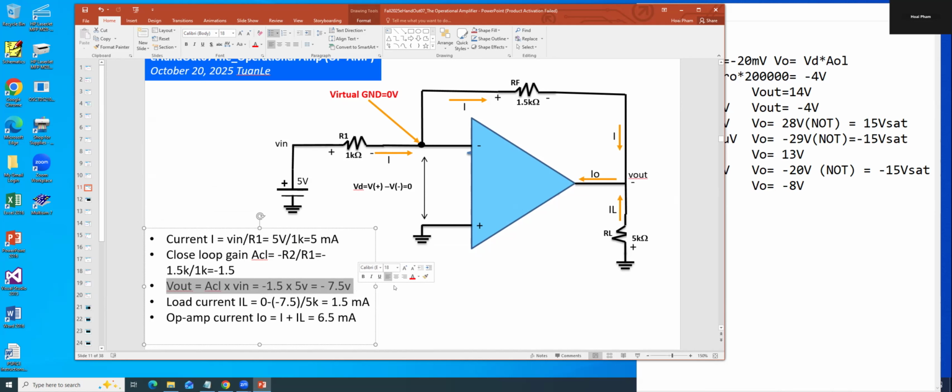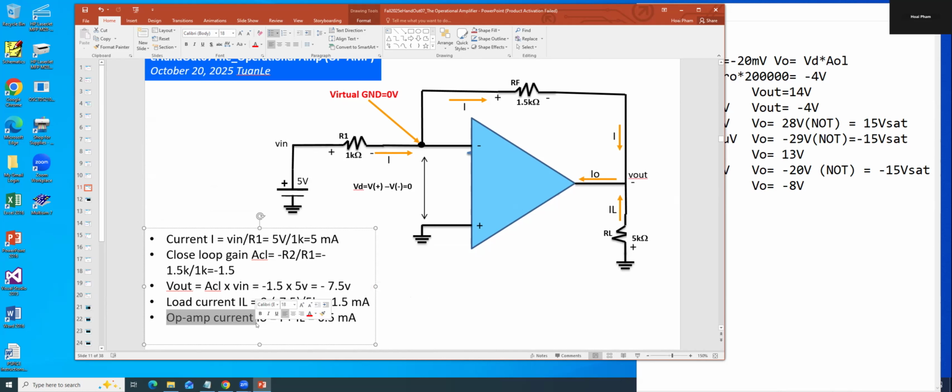7.5 volt. And the load current IL equals 0 minus minus 7.5 divided by 5K. You get 1.5 milliamp. And now you want to calculate the total current.